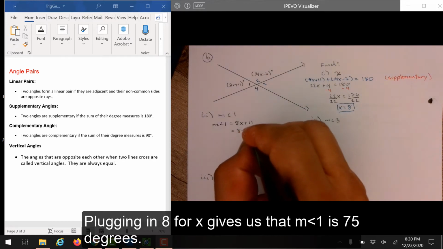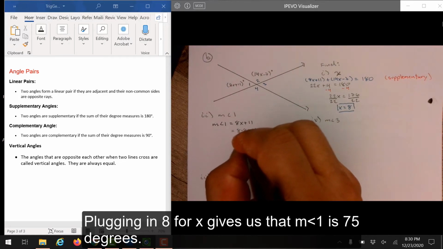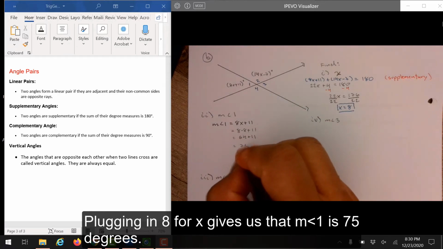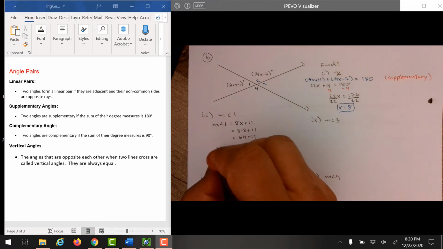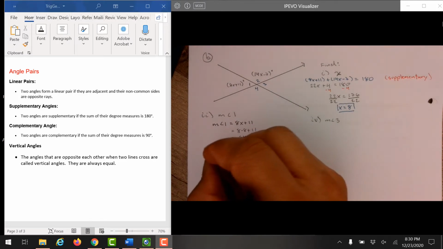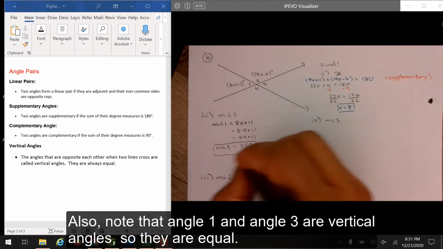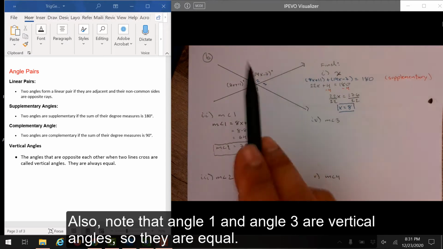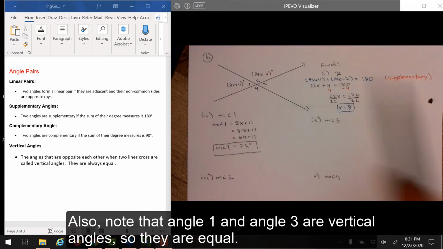Plugging in 8 for x gives us that measure angle 1 is 75 degrees. Also note that angle 1 and angle 3 are vertical angles, so they are equal.